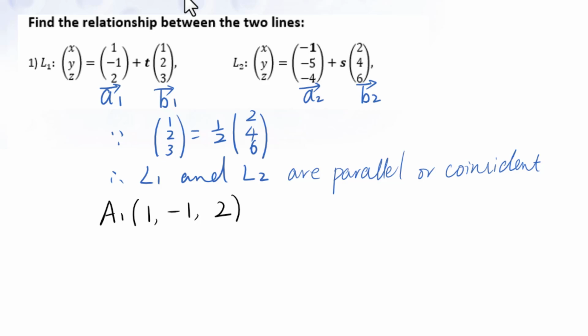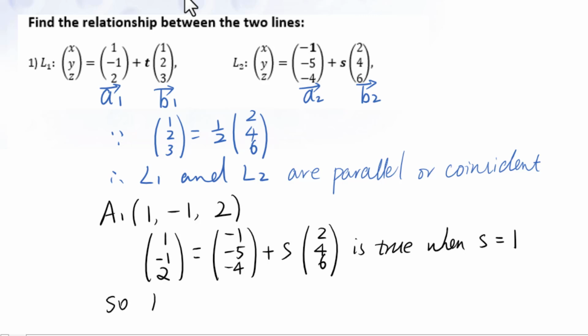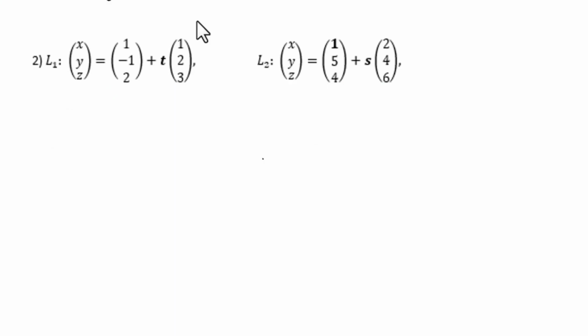We substitute A1 into L2. (1, -1, 2) equals (-1, -5, -4) plus s(2, 4, 6) is true for s equals 1, which means A1 is the common point of L1 and L2. So L1 and L2 are coincident.